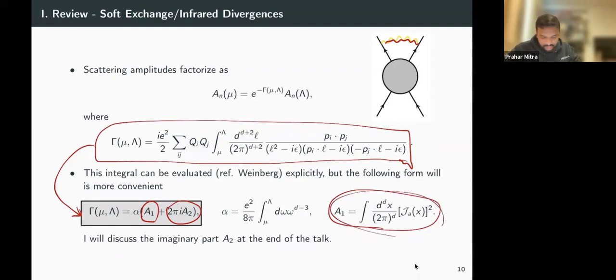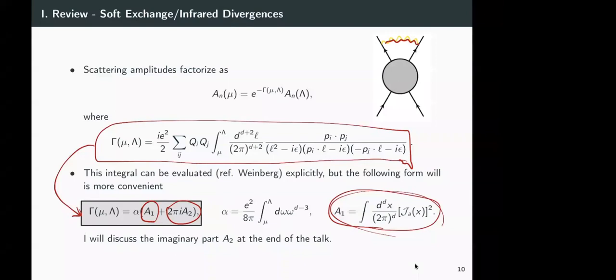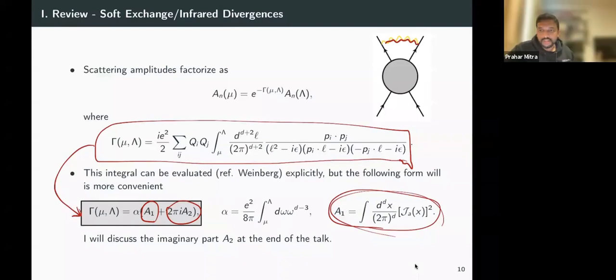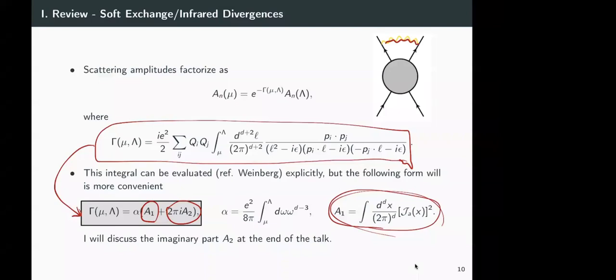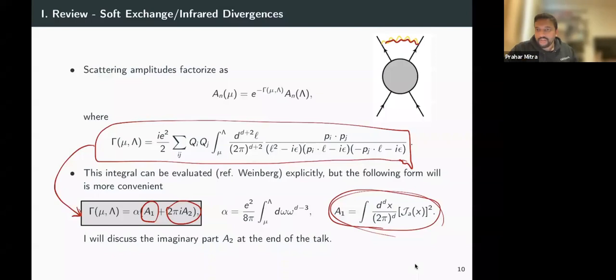So there must be certain circumstances in which A2 can be neglected. No, there are no circumstances in which it can be neglected actually. But then, how does it make sense? There is another part of the soft action. This is not the only part of the soft action. As I mentioned in my final comments, there are other soft theorems, there are other soft factors, there are many other things.